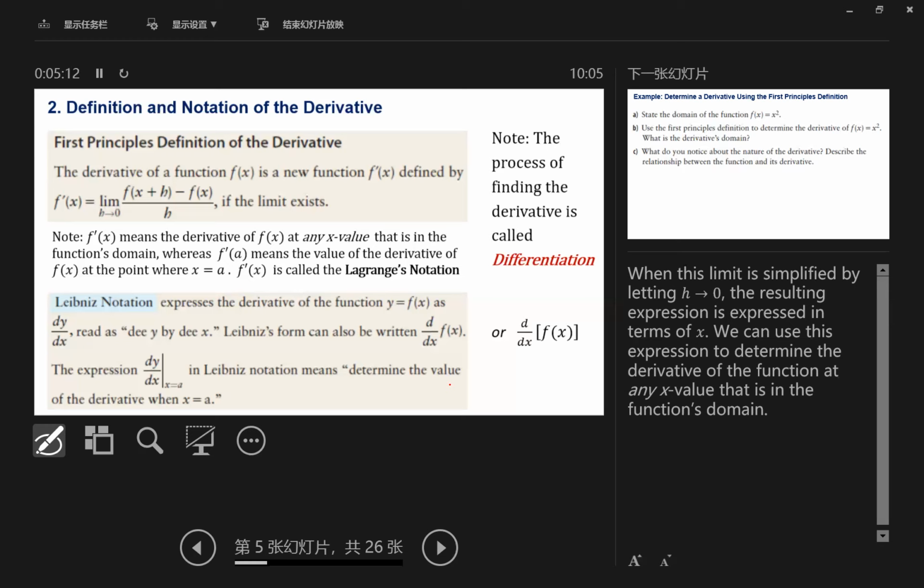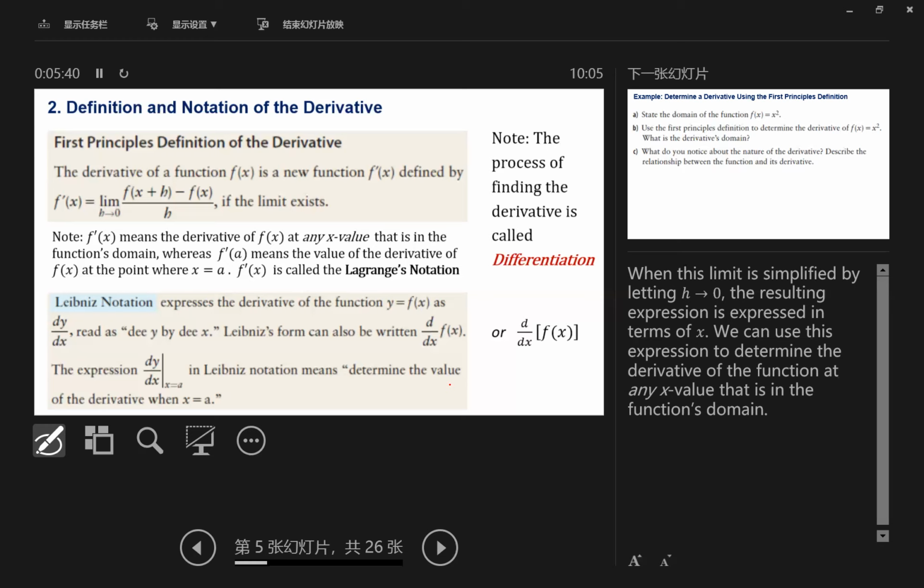Okay, then we have a second type of notation for the derivative, which is called Leibniz notation. Leibniz notation expresses the derivative of the function y equals f(x) as dy by dx, read as dy by dx. This is also the derivative of y with respect to x.